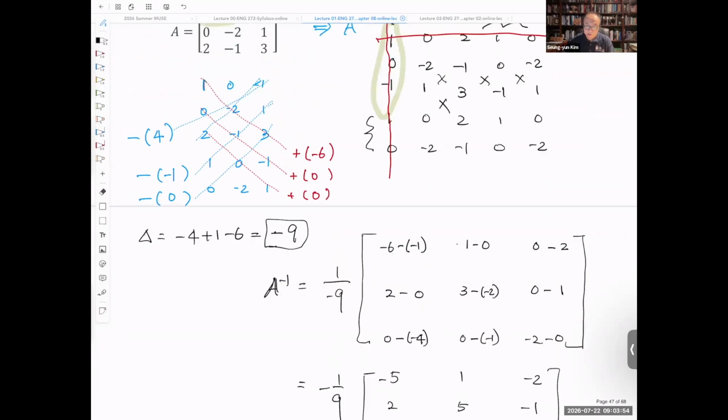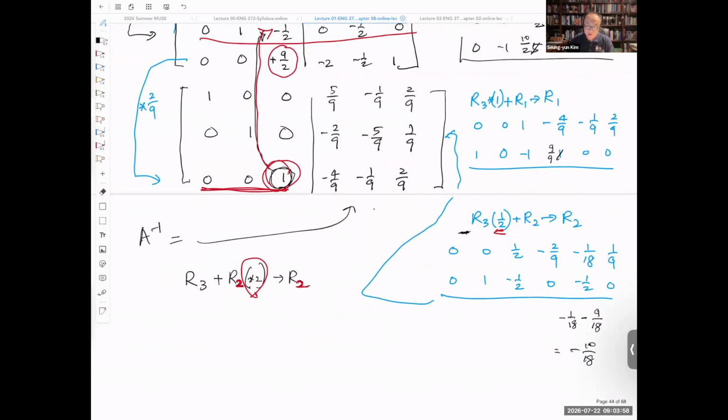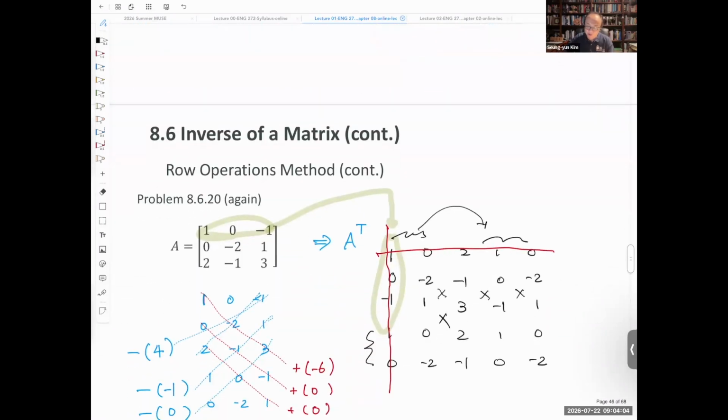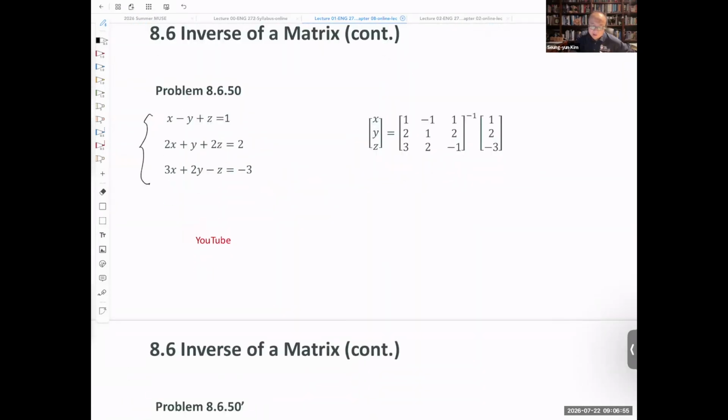Okay, when you compare with this, after you factor out negative 1 over 9 as a delta, you should have all of this number.